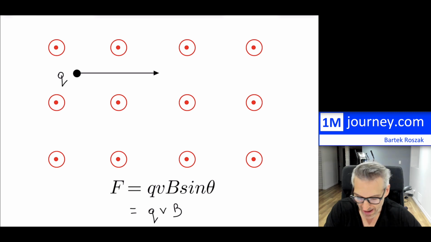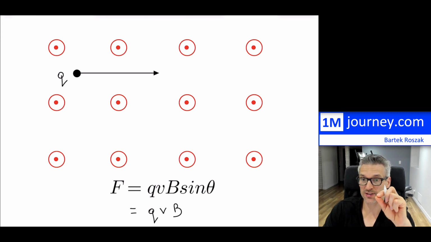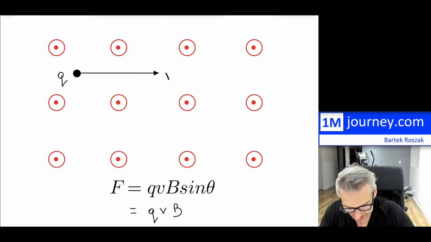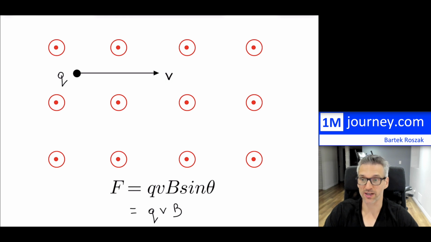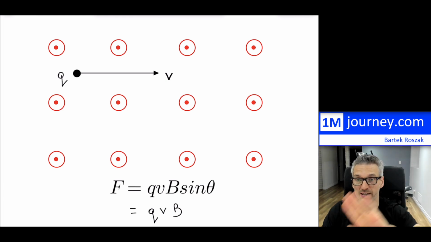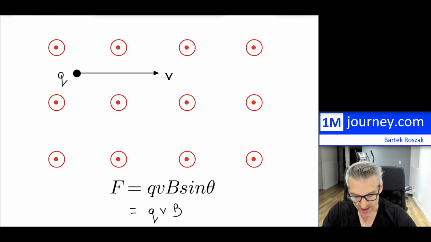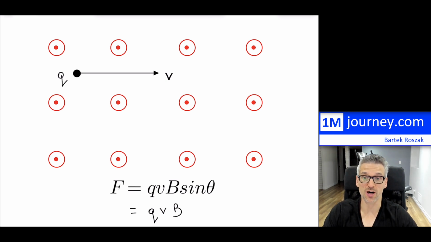So what happens to this charge? Let's take it step by step. At the instant that this charge is moving at a certain speed, v, of course there's some kind of direction, but we are assuming that it's in the plane, then the magnetic field is going to cause a force.